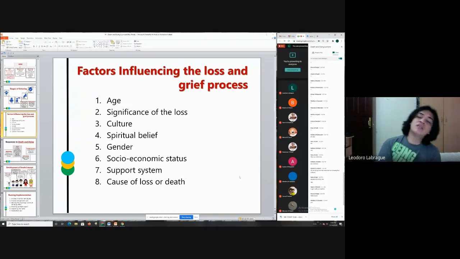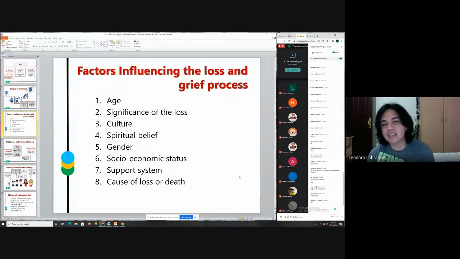Okay, very good. Different stages in one's life, the different developmental stages, have different influences when it comes to loss and the grieving process. For example, children, toddlers, do you think they know the concepts of death and dying? They know that they lost someone.